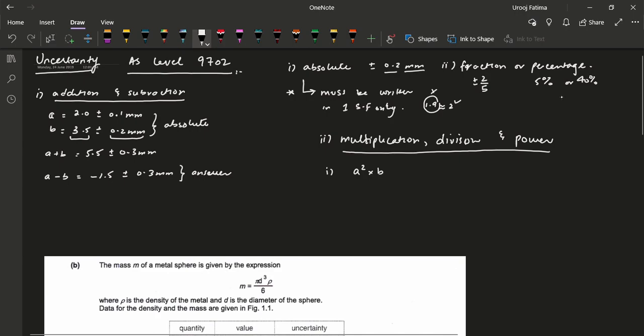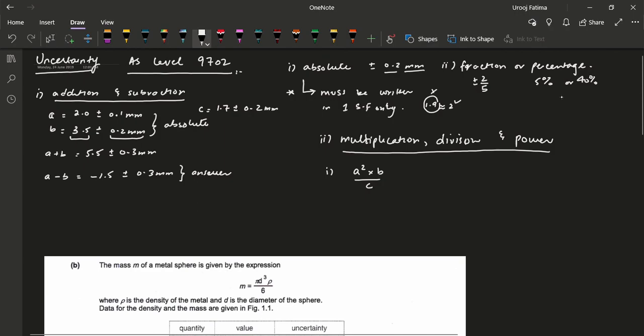Maybe there's another uncertainty already given to you. Let's just write it somewhere. Let's say that there is another uncertainty c, which is 1.7 plus minus 0.2 millimeters. Now they're saying you have to do this, right? A squared times b divided by c.